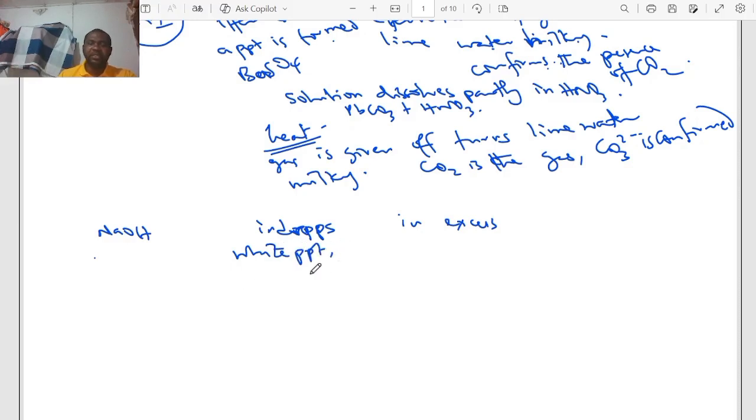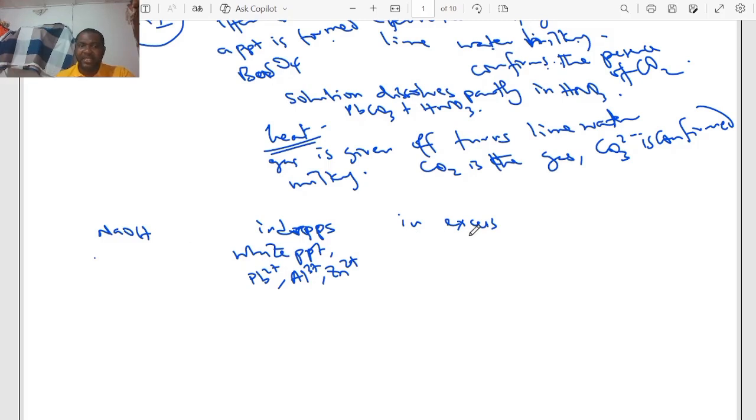If the precipitate is white, you are suspecting either a lead ion, aluminum ion or zinc ion, because the three of them are amphoteric. Only amphoteric ions form white precipitates with sodium hydroxide.